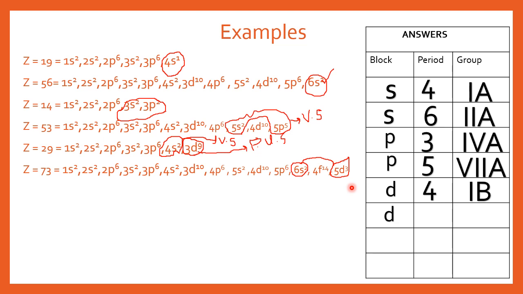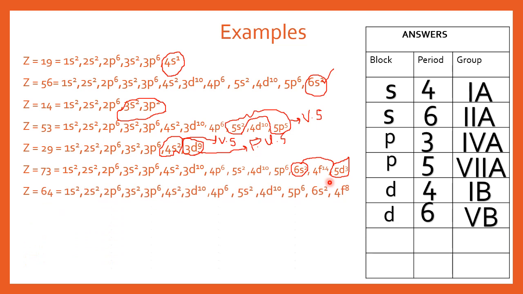When we find the group, you already know that we have to sum up both electrons, but before adding the electrons we have to find the period. The period can be found by looking at the highest shell number, that is 6 here. That's why this element is present in period 6. To find the group, we have to add up both electrons, the valence s and penultimate d. So 2 plus 3 means 5. So this element belongs to group number 5B.